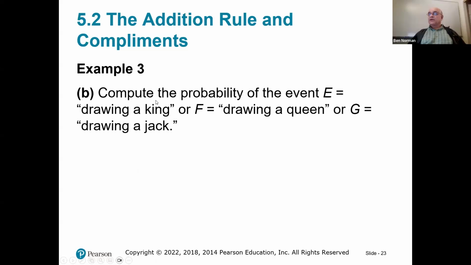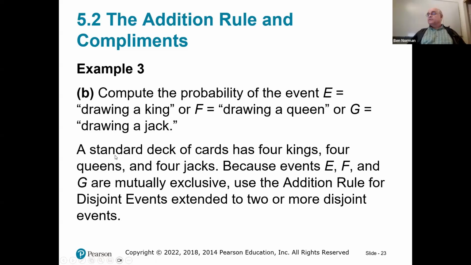Compute the probability of E drawing a king, F drawing a queen, or G drawing a jack. A standard deck of cards has 4 kings, 4 queens, 4 jacks. Because the events E, F, and G are all mutually exclusive, we are free to use the addition rule for disjointed events extended to two or more. Not only are these mutually exclusive, these are pairwise disjointed. If we look at E and F, there are no cards that are both kings and queens together.